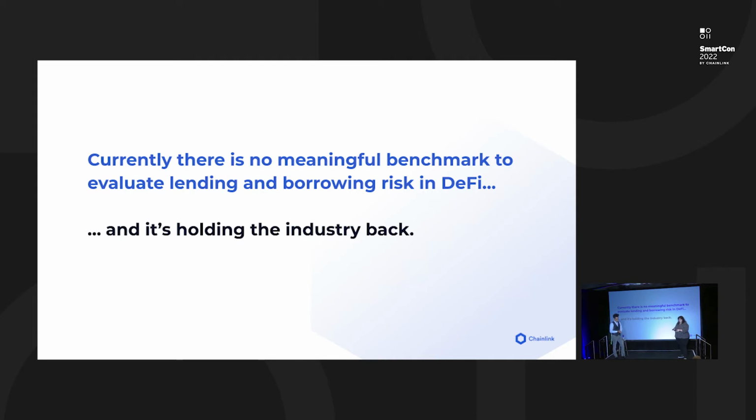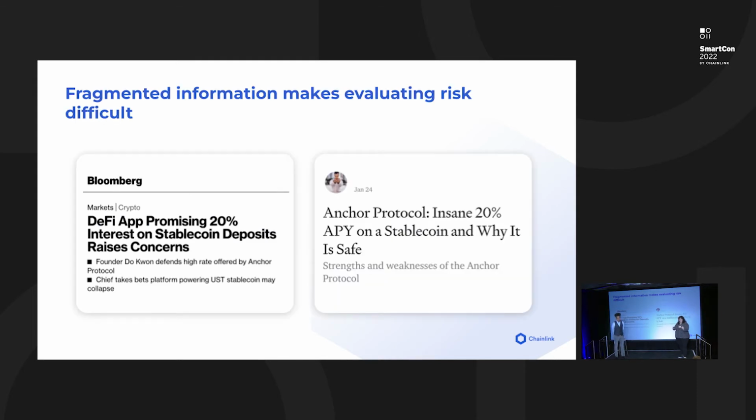And if we take a look at really some of the fragmented information that we saw during DeFi summer, even the most cautious investor can have a feeling of missing out when you see APY like 20%, 15%, and you don't have the proper tools to evaluate what your risk is there. And so when we're talking about any type of interest rate, we're talking about interest rate risk that is everywhere.